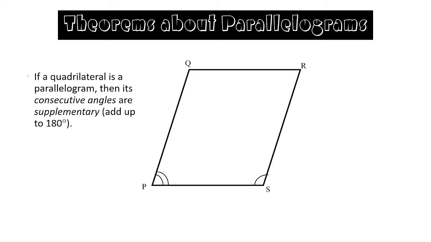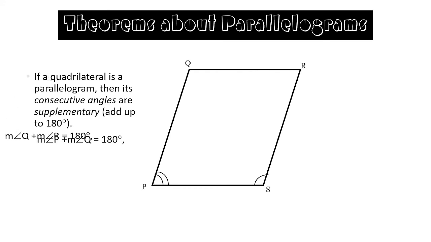Okay. Pangatlo, if a quadrilateral is a parallelogram, then its consecutive angles are supplementary and add up to 180. So when we say supplementary, two angles that when we add is equal to 180 degrees.